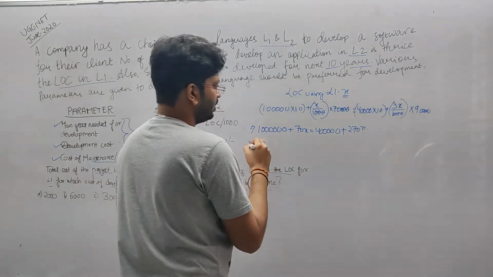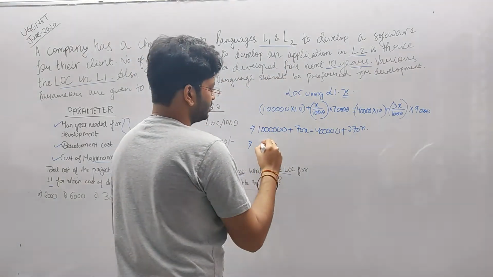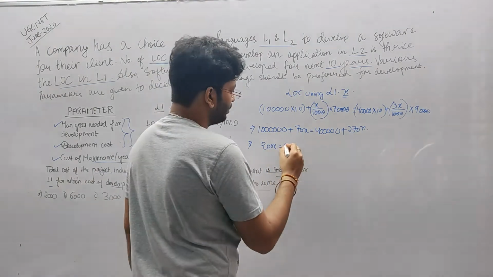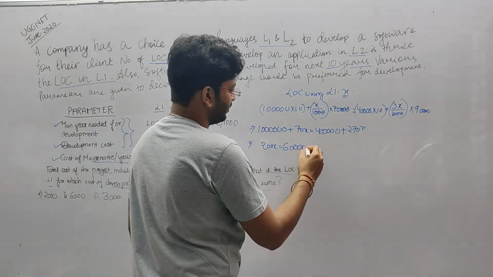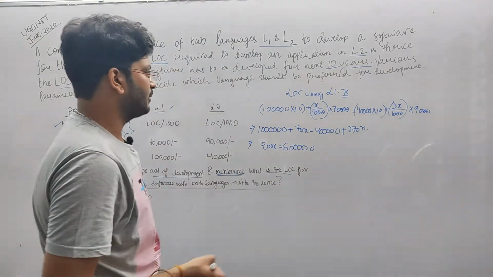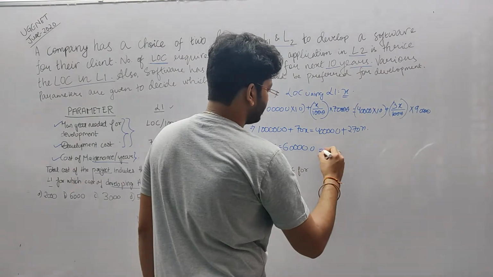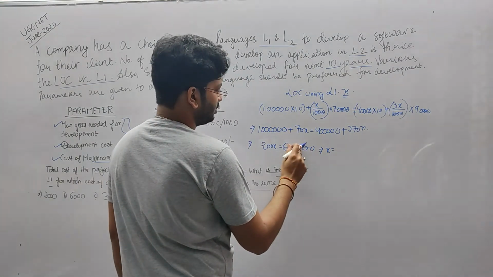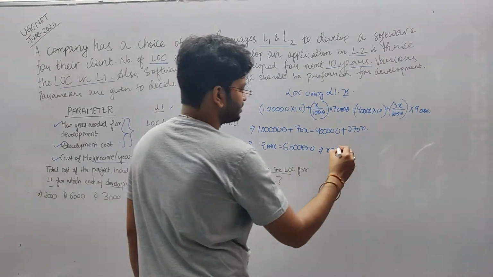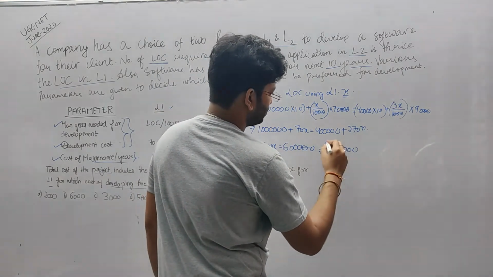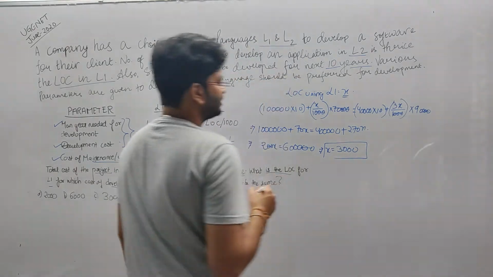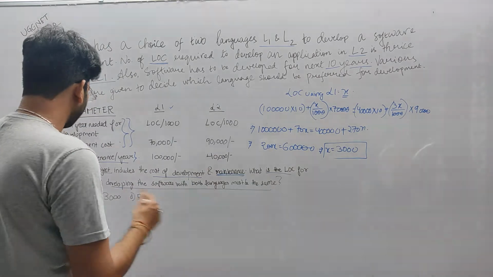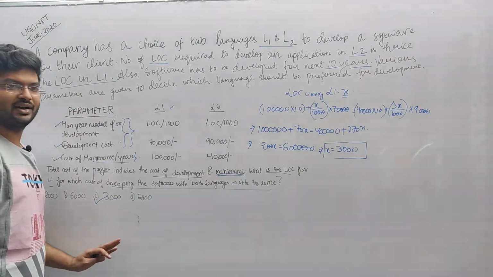By solving it, it is 200x equal to, subtracting, it will be 6 with 5 zeros. On solving it, these 2 zeros and these 2 zeros cancel out, x equals 3000. So the lines of code needed for L1 is 3000. In the options we also have 3000. So 3000 is the correct answer.